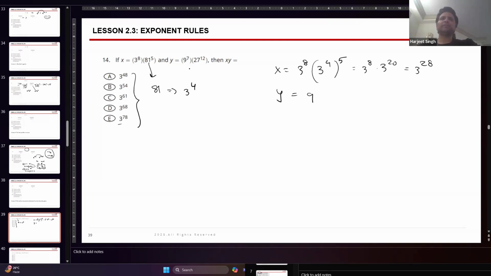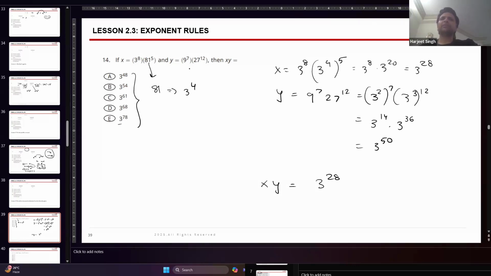And y is what? 3 square raised to 7 and 3 cube raised to 12. So this is 3 to the power 14 into 3 to the power 36. And this is 3 to the power 50. So ultimately you need x into y, which is 3 to the power 28 into 3 to the power 50.